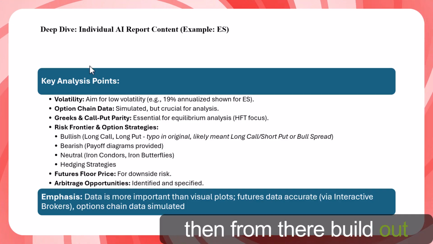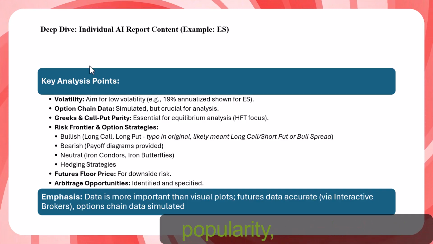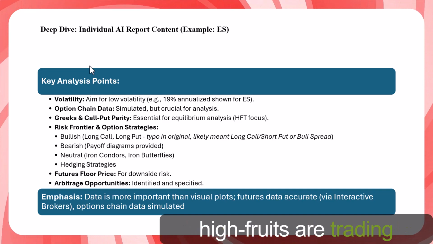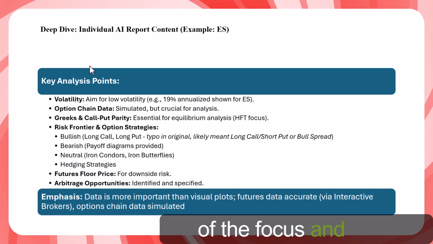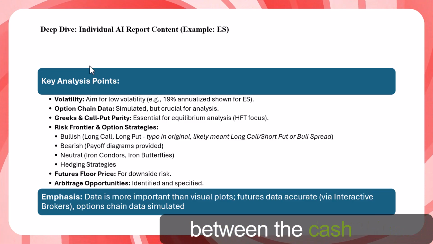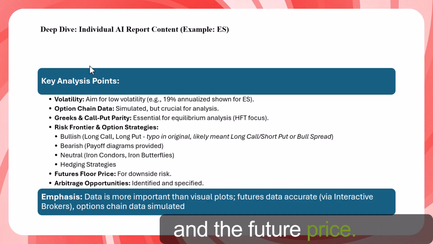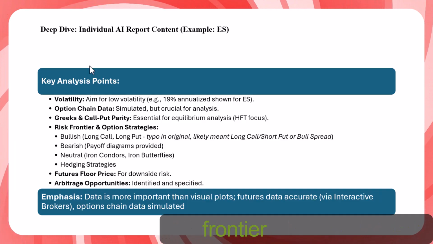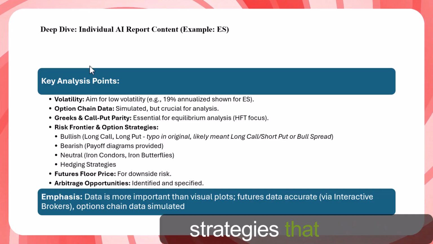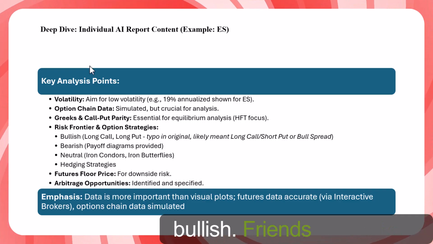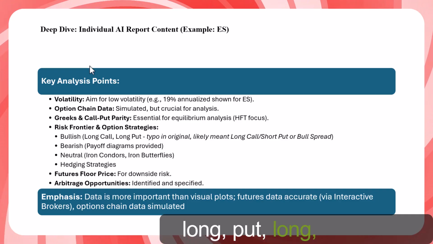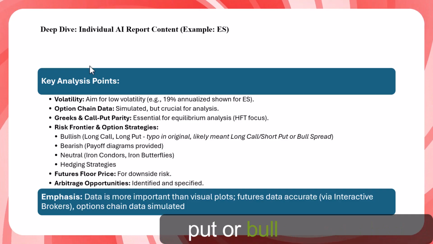We then build out Greek analysis and call parity, which is pretty essential for how high frequency trading shops do it. That's part of the focus and what drives this. They're basically looking for an equilibrium between the cash price and the future price. Out of that, we can build out a risk frontier and potential option trading strategies. They could be bullish, for instance, long call, long put, a long call short put, or bull spread.